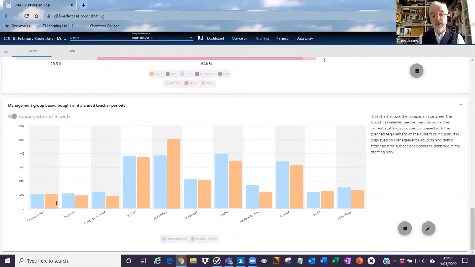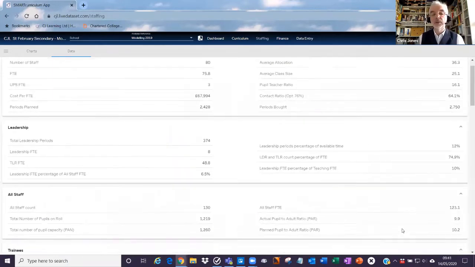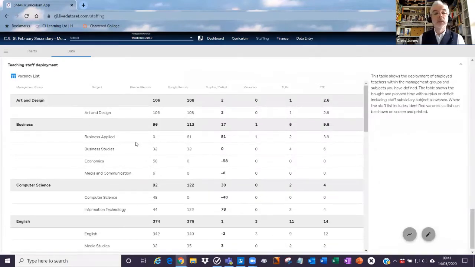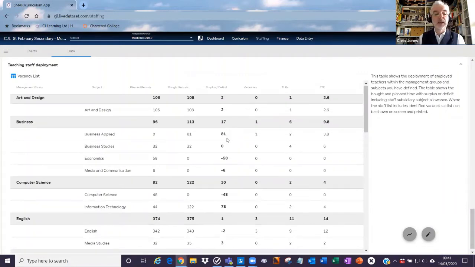Now what we've done, because obviously this gives you some overview, and you can see very quickly where you've got surpluses and deficits. What we need to have is the ability to ask the question a little more at a granular level. So if here we navigate now to the table, we've now got the same data represented in more clarity.